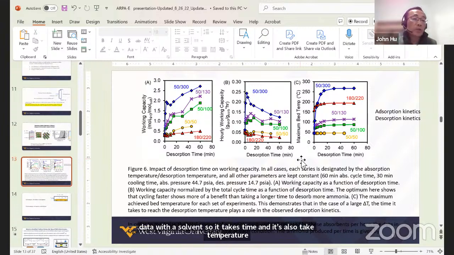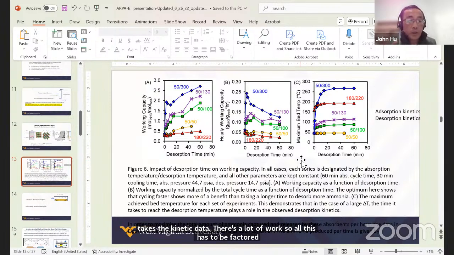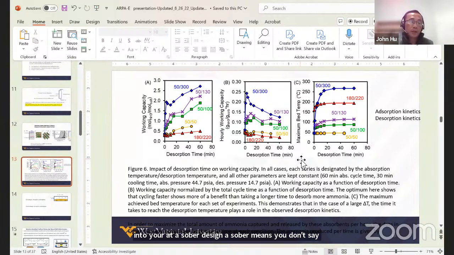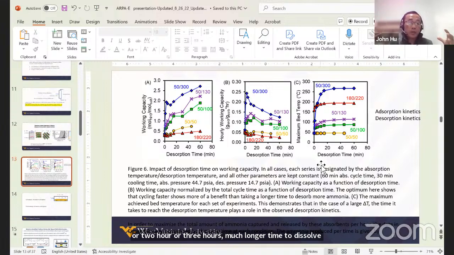All of this has to be factored into your adsorber design. Adsorber sizing means how large the adsorber is downstream. For the sake of argument, if this is a material that takes 1 hour, 2 hours, or 3 hours, a much longer time to desorb, that means your vessel has to be very big to allow for the time.